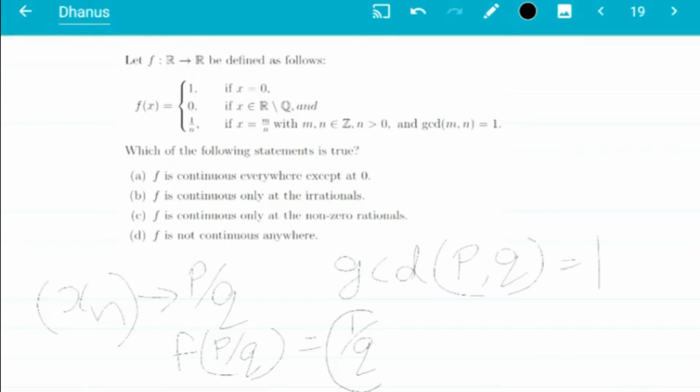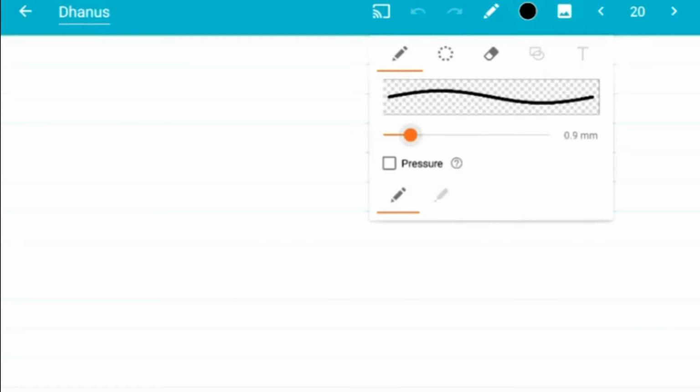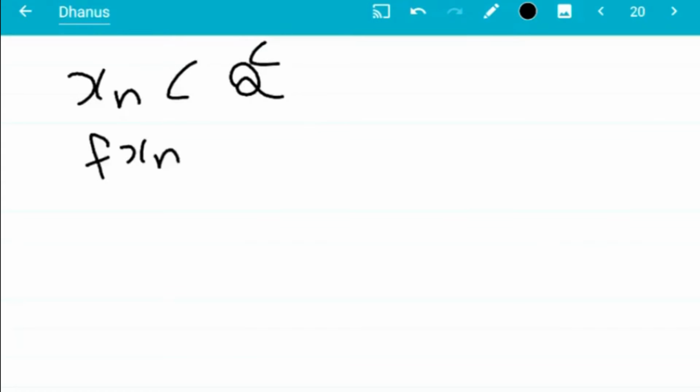But what about this sequence? This sequence xn I have chosen from Q complement. Then f of xn will be equal to 0 for all n.